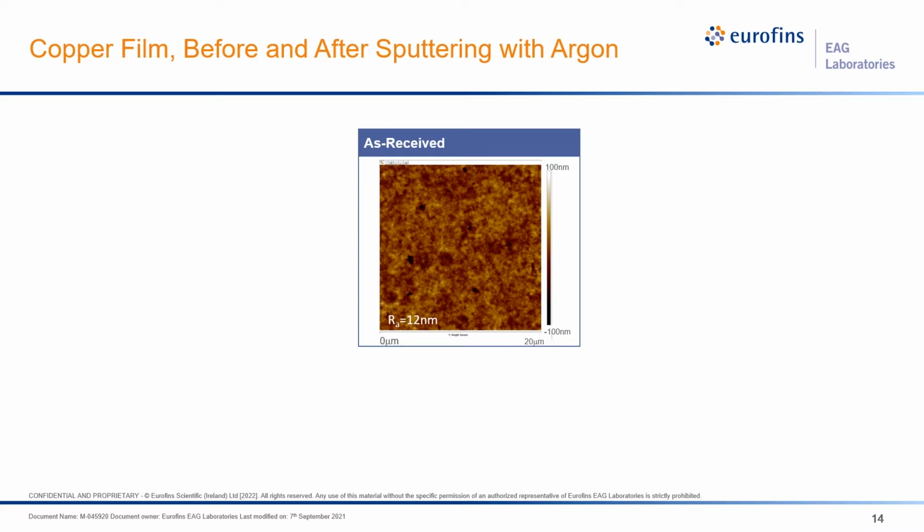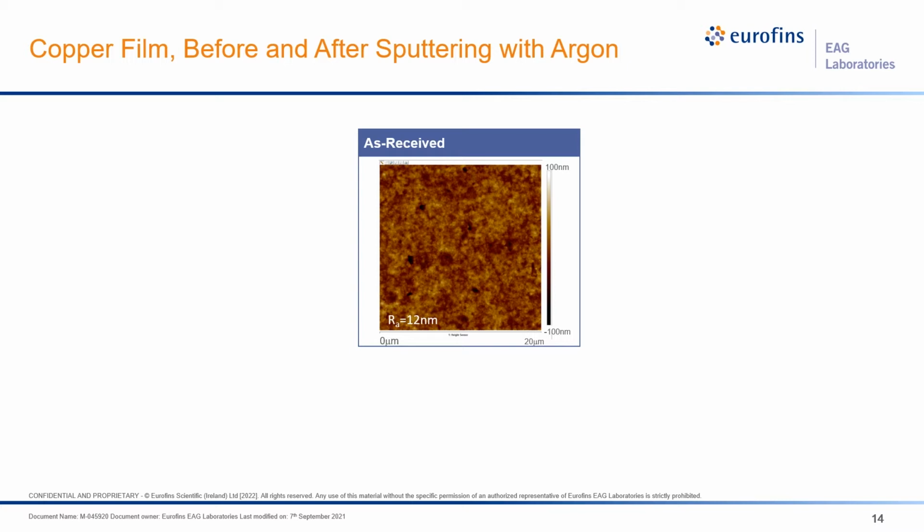XPS instruments can also be used for depth profiling, in which an argon ion beam is used to gradually etch away, or sputter, the surface to study chemistry as a function of depth. So how does this sputtering affect the surface roughness?